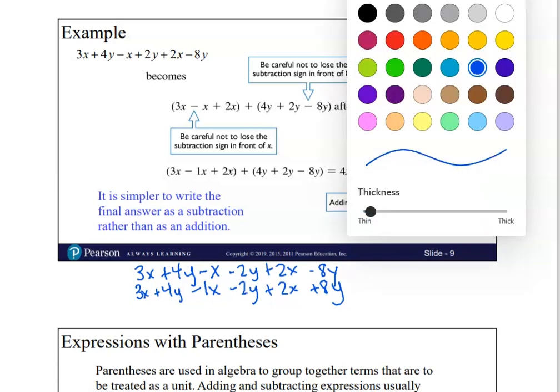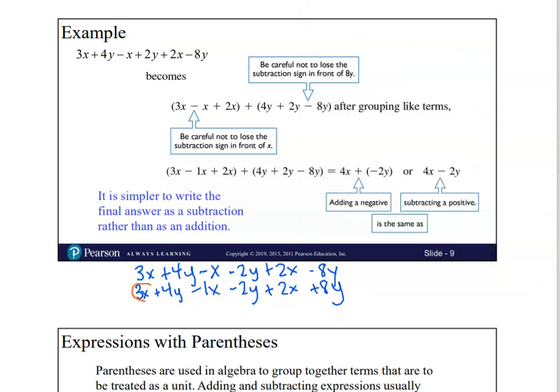I like to come up with a shape or a symbol to put over all of them that are alike. So for instance, I'm going to circle all of my x's raised to the first power, and I'm going to circle the sign that goes in front of them too. So this is an x to the first, this is an x to the first, this is an x to the first, and the rest of them look like y's.